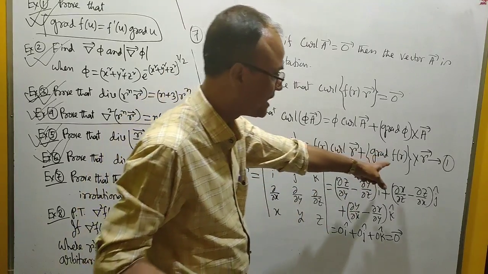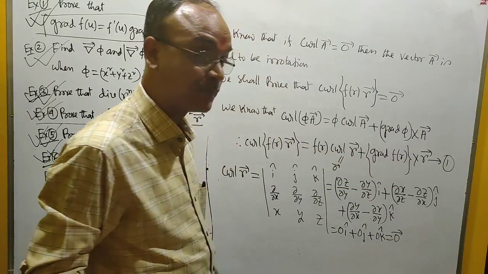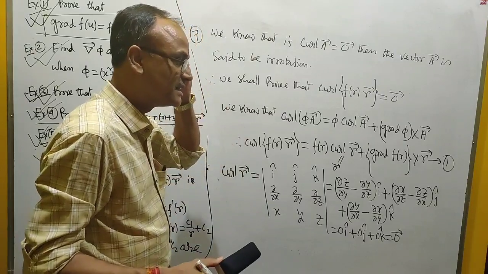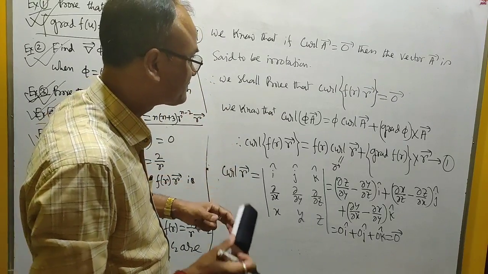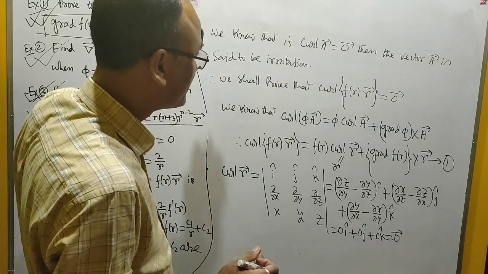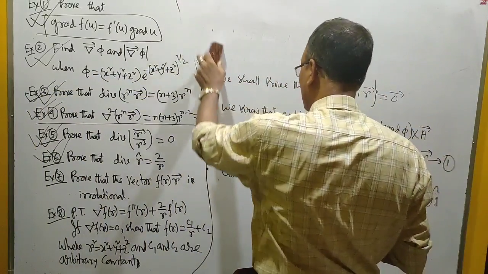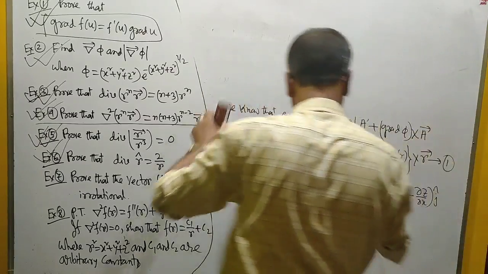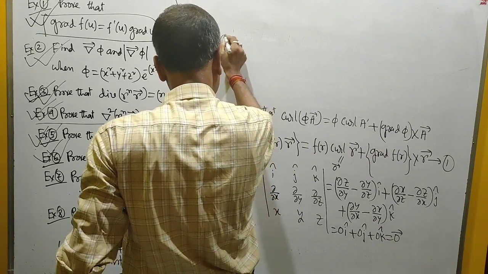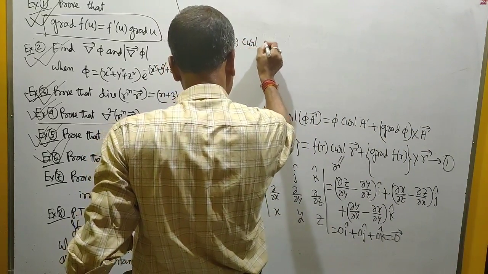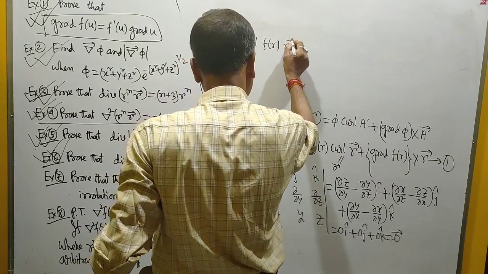Now, gradient of f(r) equal to f dash r gradient of r. Therefore, from 1 you will get curl of f(r) r vector equal to f(r) times 0 plus gradient of f(r), that is f dash r gradient of r, cross r vector.